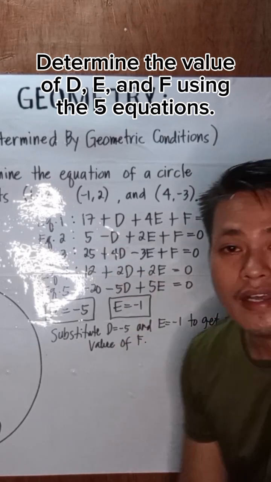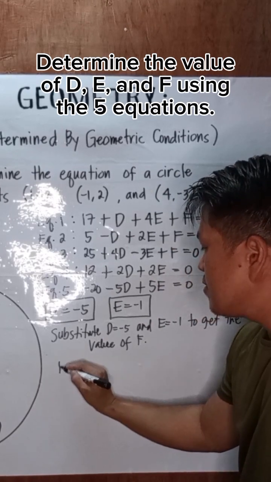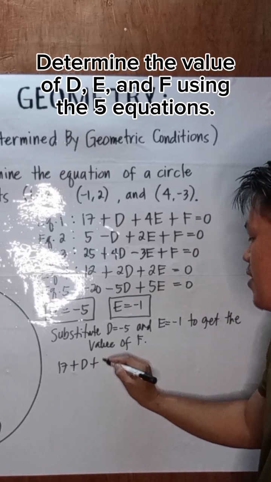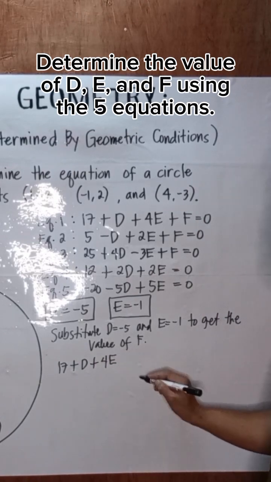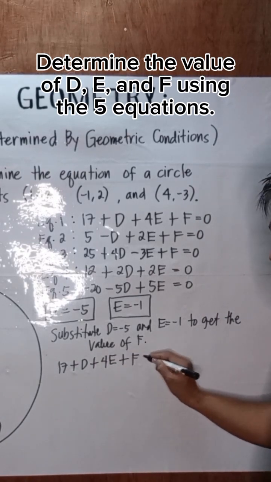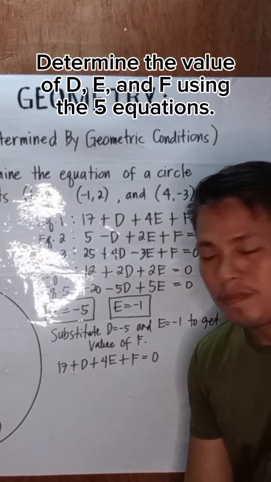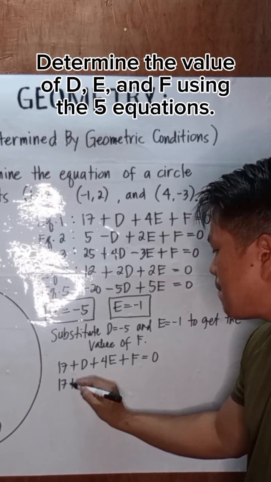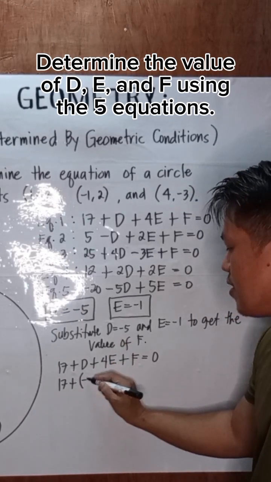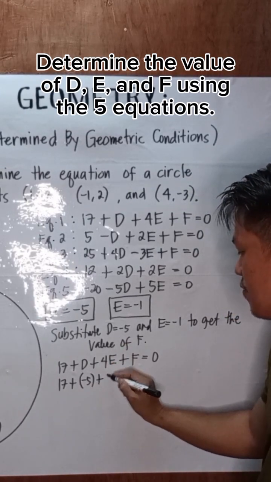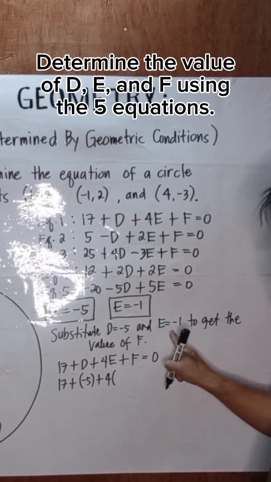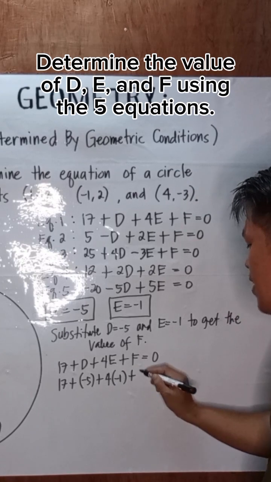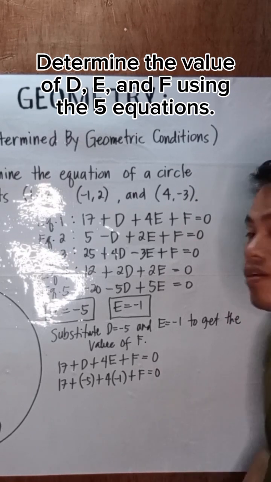So, equation 1 natin ay 17 plus D plus 4E plus F is equal to 0. Substitute natin ang D, 17 plus, ang letter D natin is negative 5 plus 4 times E, ang letter E natin ay negative 1 plus F is equal to 0.